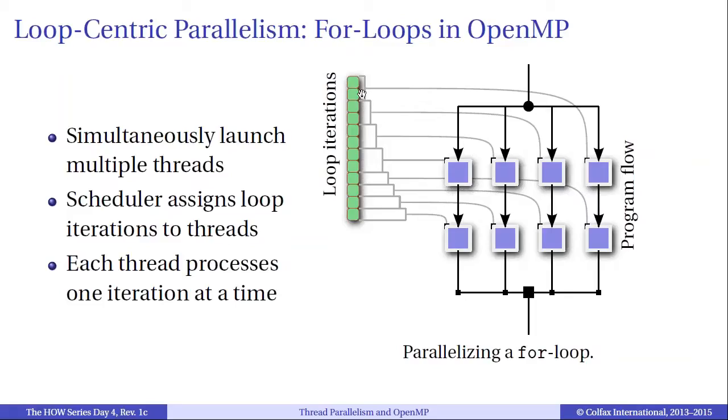If you have a loop with multiple iterations and different iterations can be executed independently, you can distribute these loop iterations across different threads. OpenMP has support for distributing these loop iterations across different threads in such a way that you are not bound to the number of threads in your system.